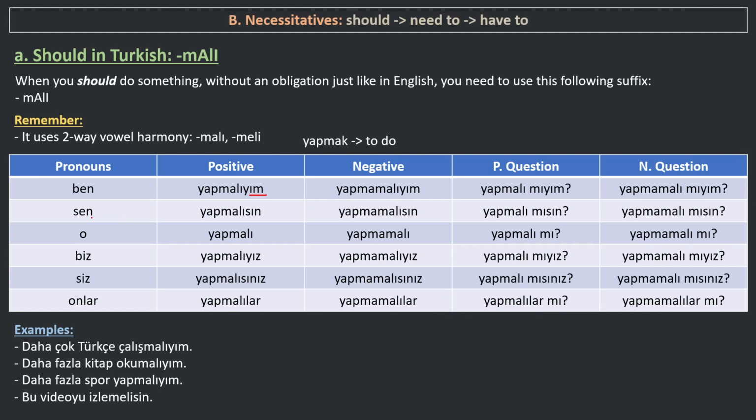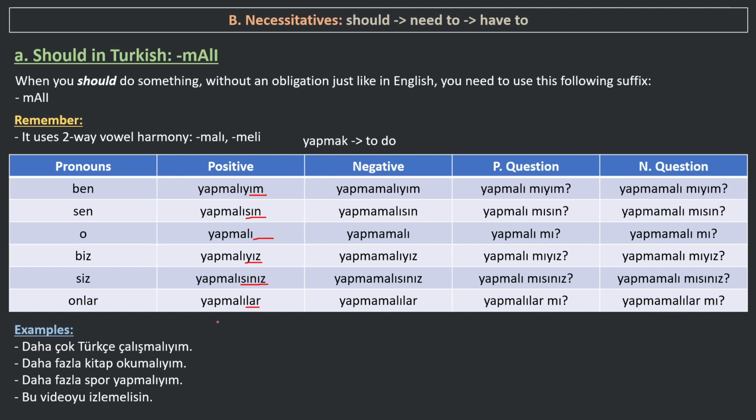Or you are a teacher, sen öğretmensin. So ben uses im, sen uses sın. O has no endings, it's just blank. Biz uses yız, siz uses sınız, onlar uses lar.